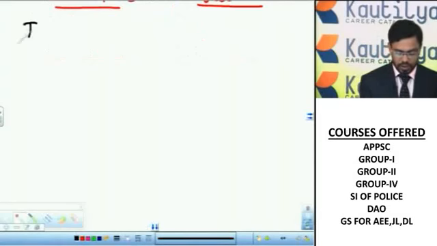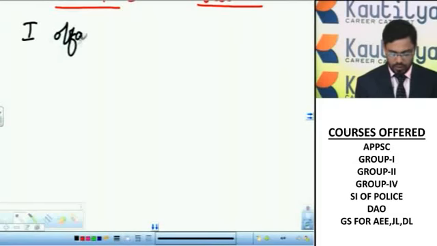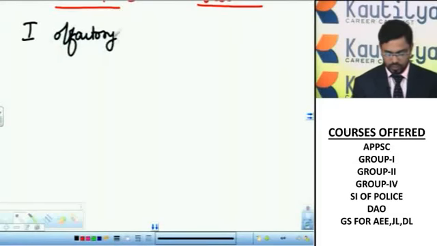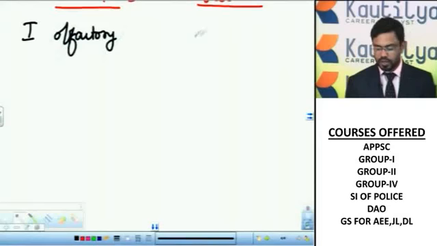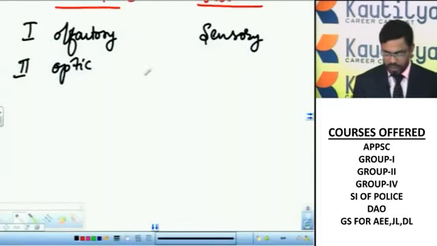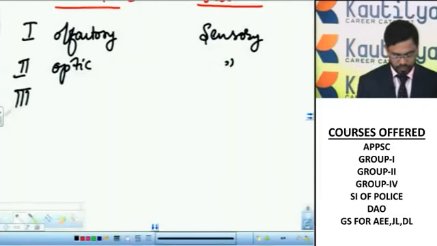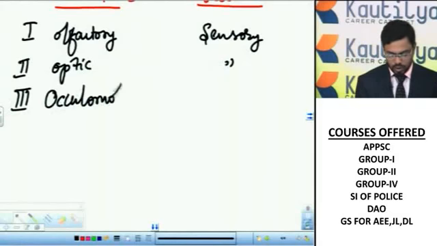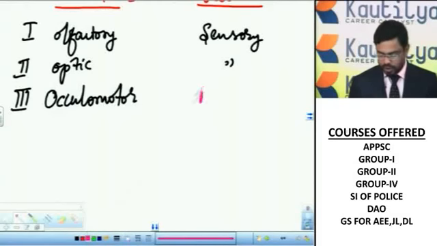The first cranial nerve is the olfactory nerve, which is sensory in function. The second cranial nerve, the optic nerve, is also sensory. Oculomotor is motor in function.